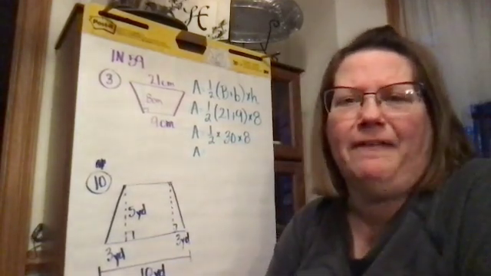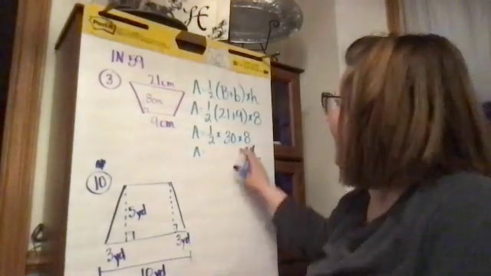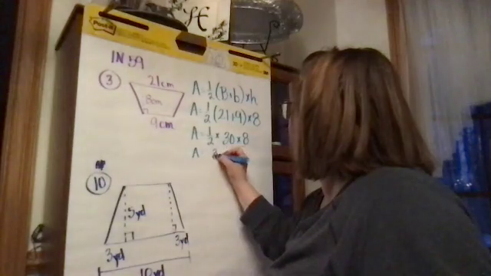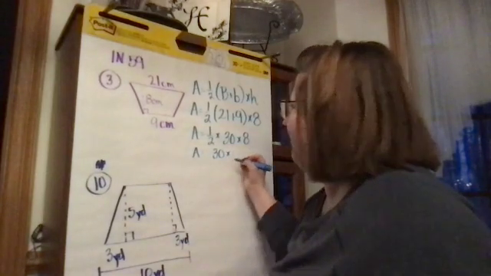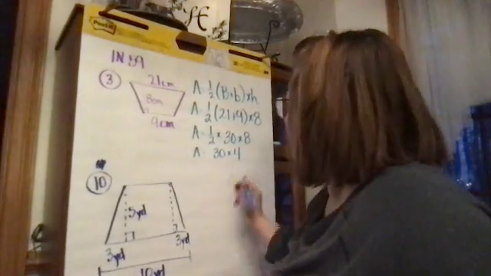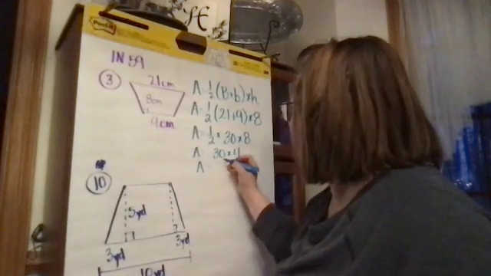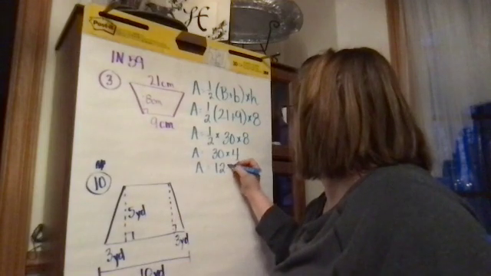So can I take half of 30 or 8 pretty easily? I like 8. So I'm going to take 30, and what would half of 8 be? 4. Okay, last step. 30 times 4 is 120.